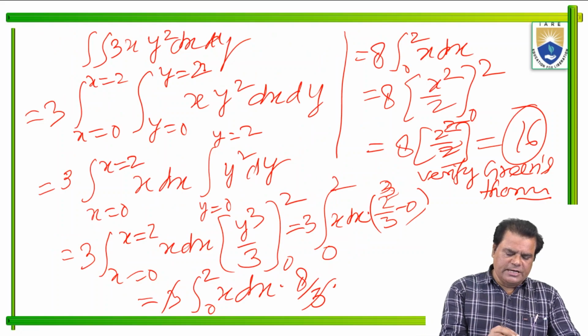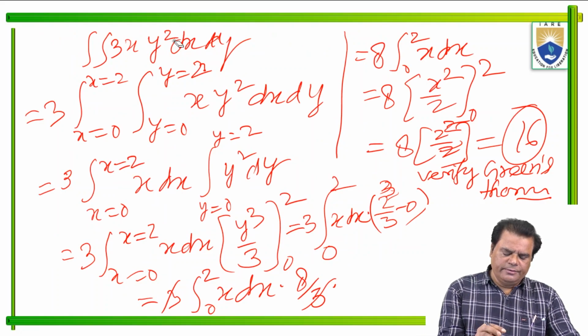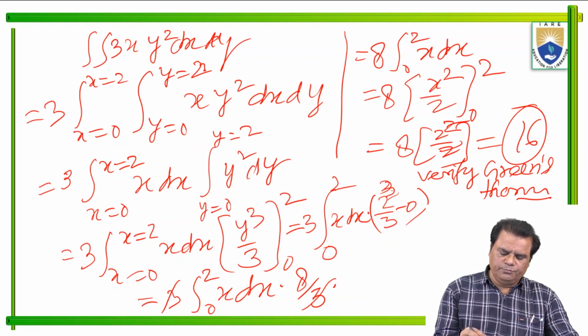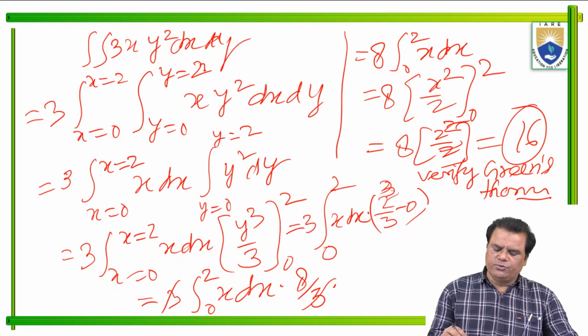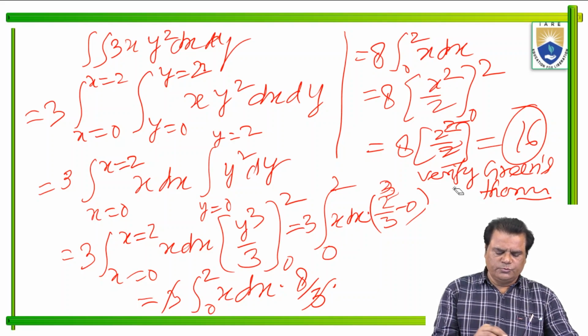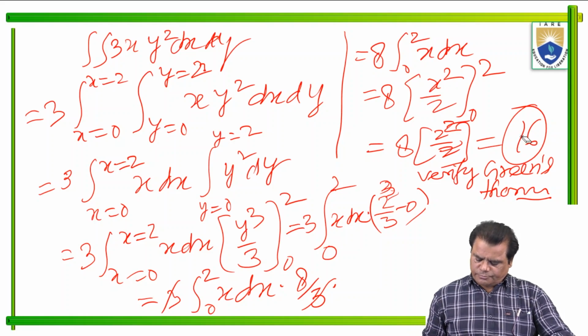Here 3 is common, xy square, with limits 0 to 2. x is common, y cube by 3, so this is 8 by 3, and x square by 2 is 4 by 2. 3 is cancelled. So this is 16.